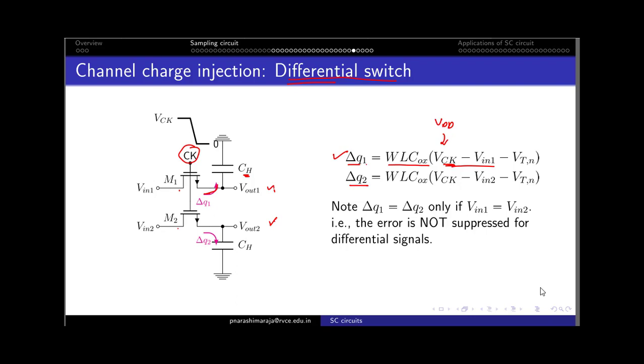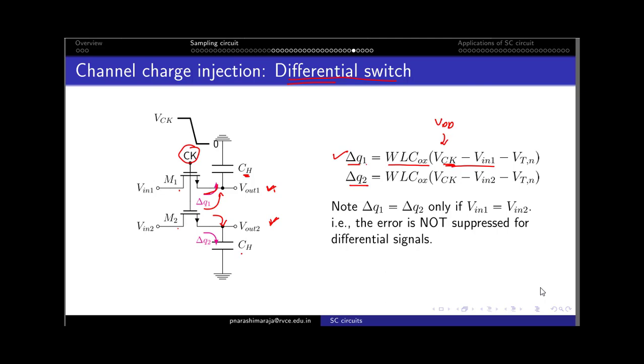So this error caused by charge injection onto my output capacitors is a common mode error, and when I read the outputs differentially, this common mode error in general can be eliminated.